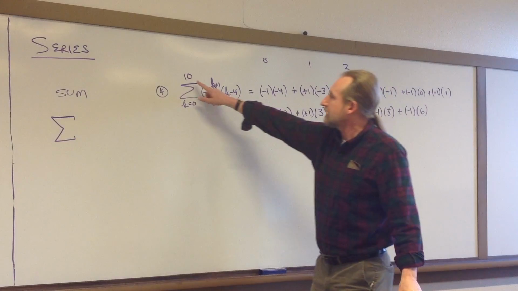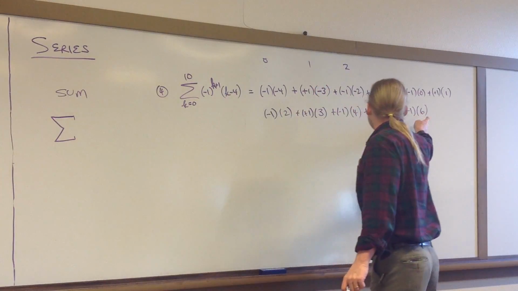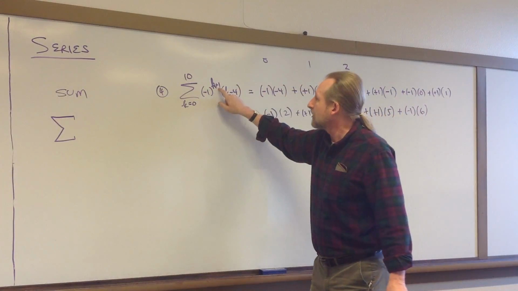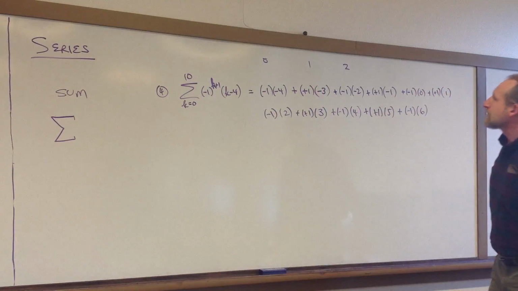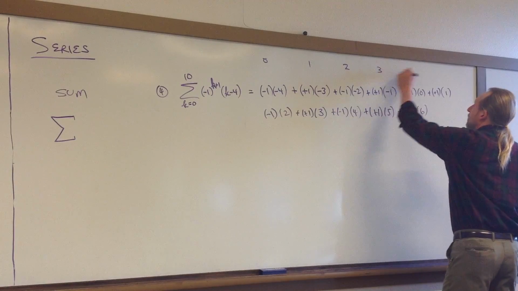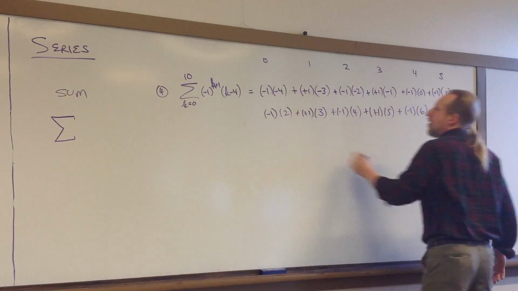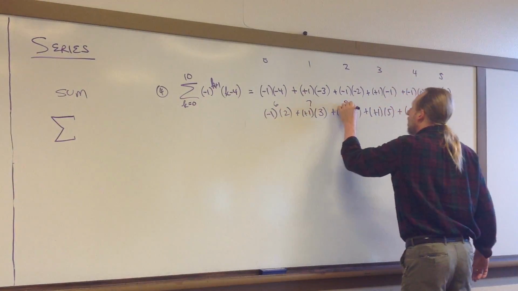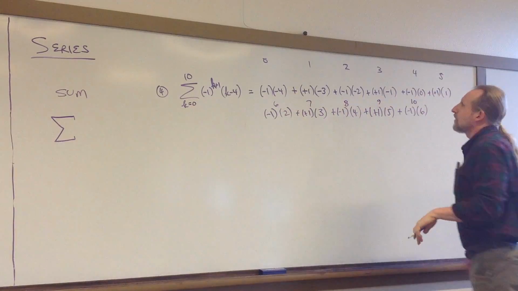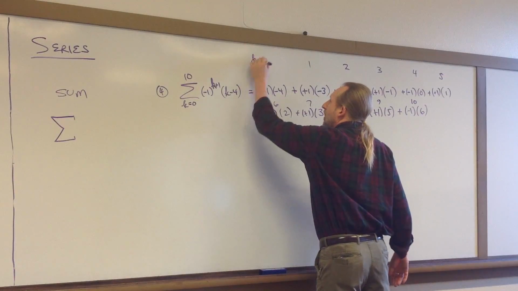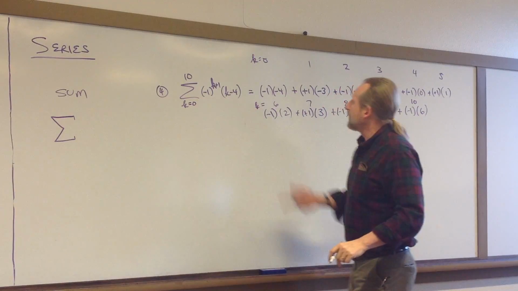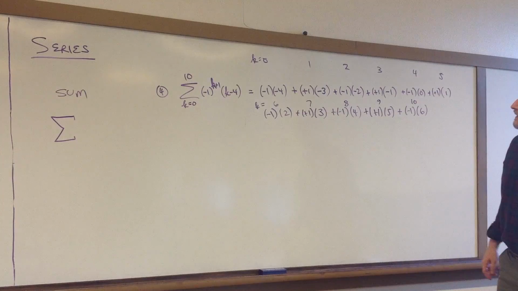Because when k is 10, 10 minus 4 will give us the 6. 10 plus 1 is 11, which is odd. That gives us a negative 1. And I'll go ahead and fill these in. And so those are the values of k. And then the value of this expression for that value of k is underneath it.